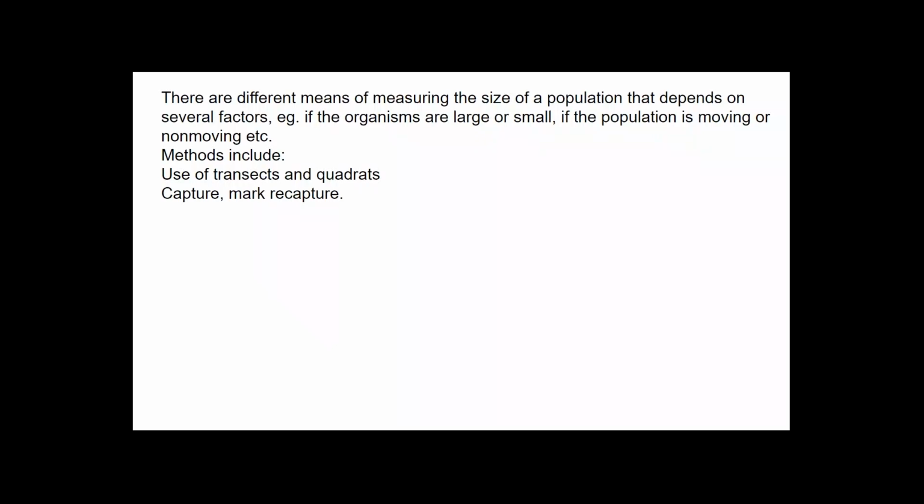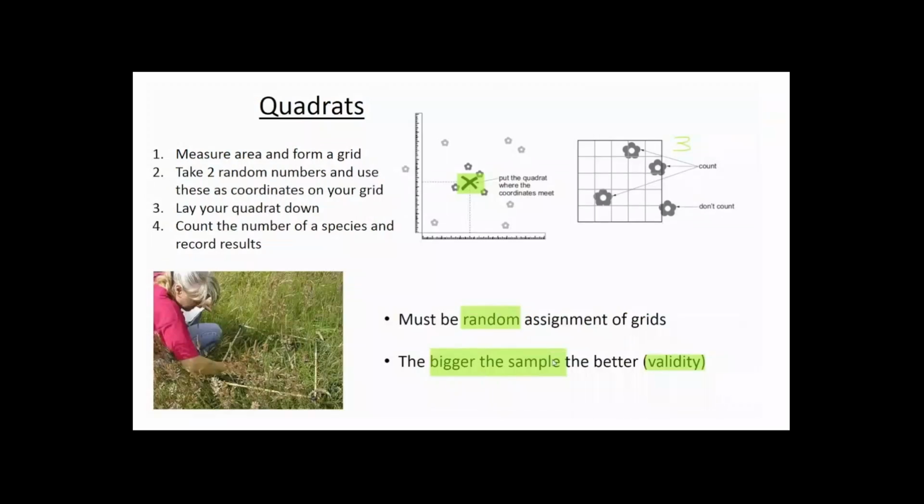And of course, there are other methods as well, but these are the ones we're going to look at. So there are different means of measuring the size of a population that depend on several factors. For example, if the organism is large or small, if the population is moving or non-moving, etc. And these methods include the use of transects and quadrats, and capture, mark, recapture.